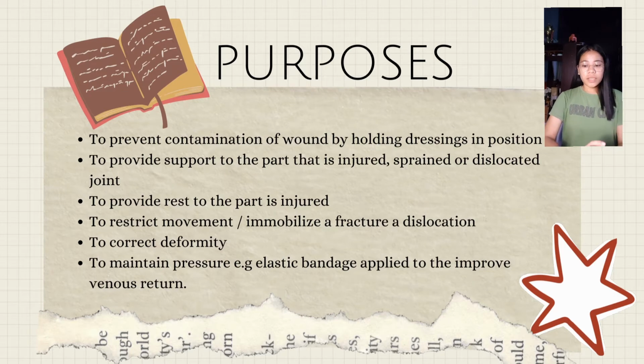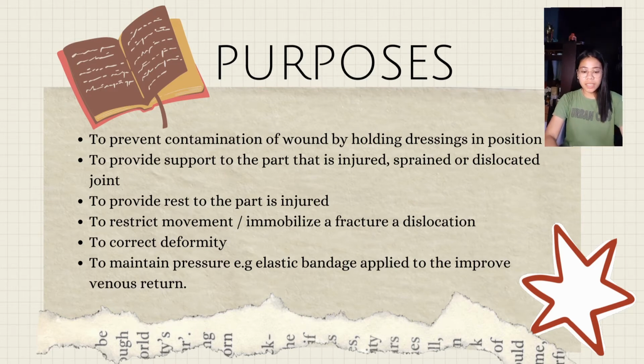In addition, when about to rescue an injured patient, it is important to check if there is any dislocation, and if that occurs, we will need to use a bandage to secure movement and correct deformity.